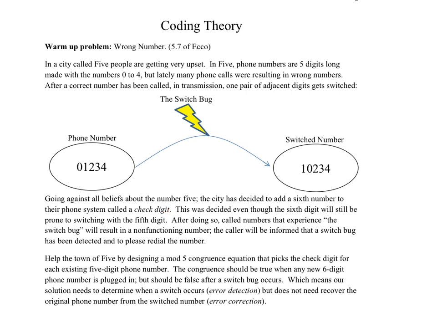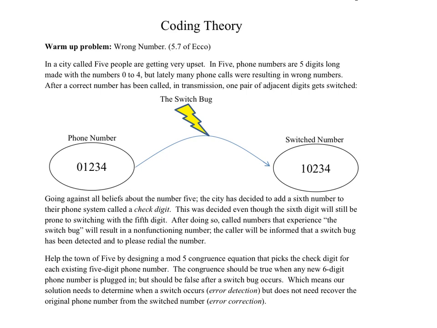It's not being added to provide any further information to the receiver, whoever's receiving your message. Like you just want to send 0, 1, 2, 3 along and then call the right person. You don't really want to add a 6th digit. But this check digit is just there to make sure that the 5 digits that are originally there get across correctly. That's why we call it a check digit.